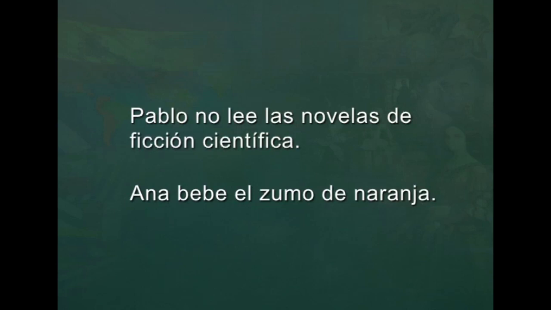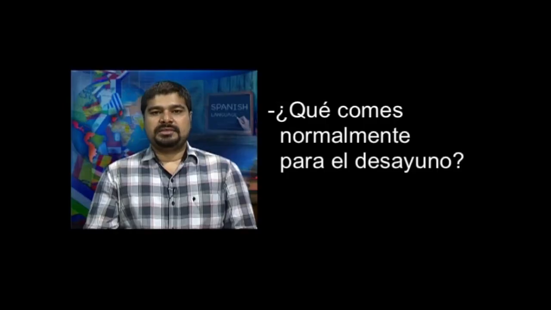Let's look at some simple dialogues where the ER ending verbs are used. As I ask you, ¿Qué comes tú normalmente para el desayuno? ¿Qué is what, and comes is the conjugation for tú.